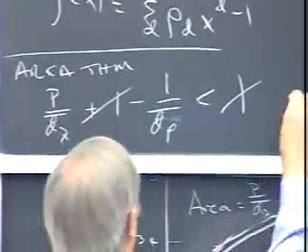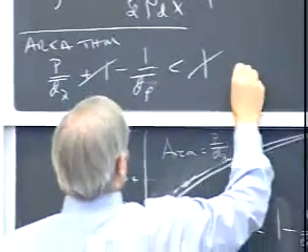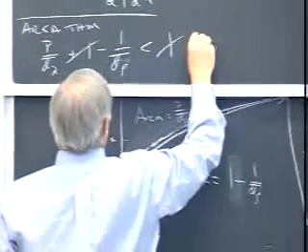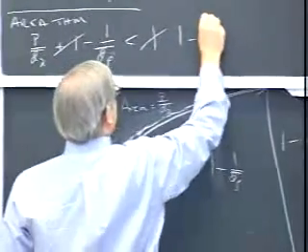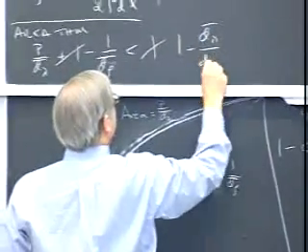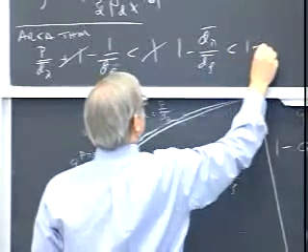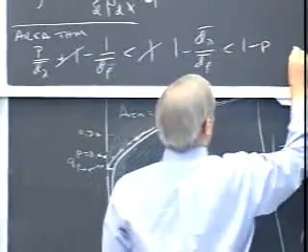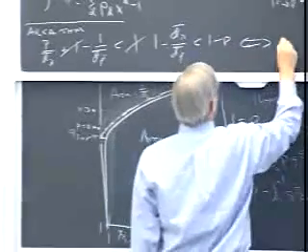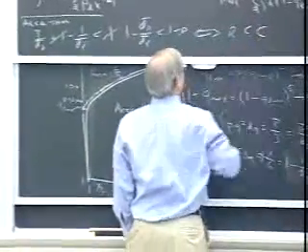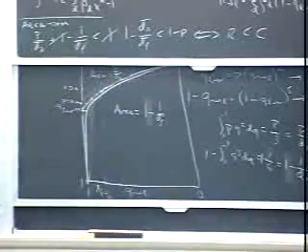We again find that, let me put it this way, 1 minus d lambda bar over d rho bar is less than 1 minus p, which is equivalent to the rate must be less than the capacity of the channel.